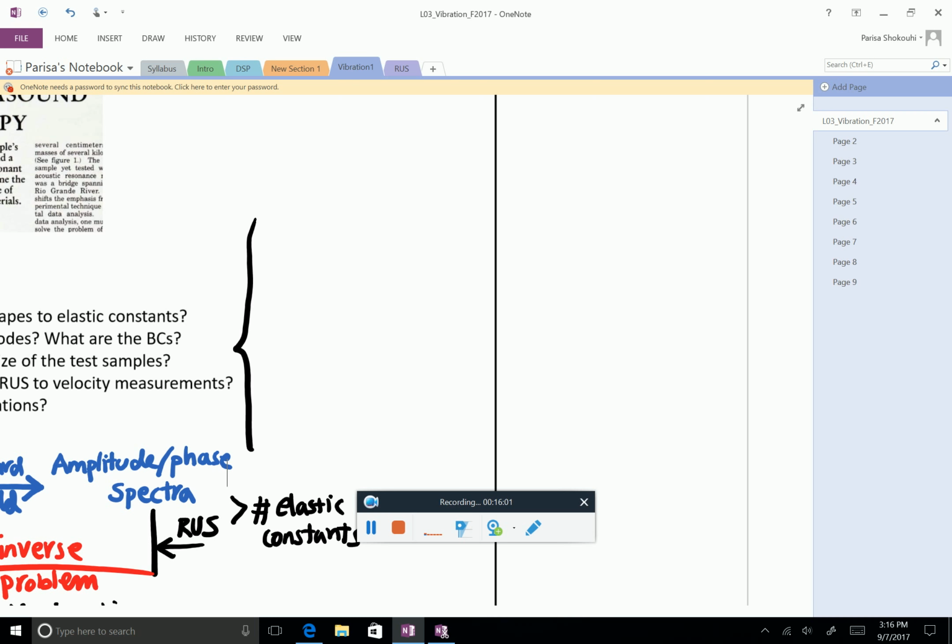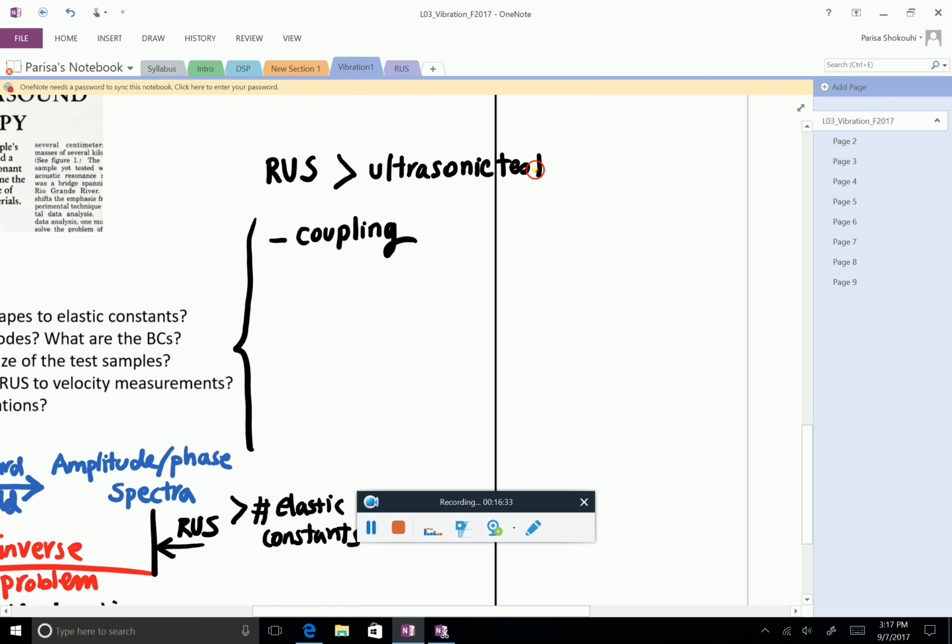You try to minimize the amount of support or any kind of coupling, and you use really tiny transducers to receive and to vibrate the sample. Excellent. So one thing that he says is that there is no need to be worried about coupling. So he says ROS is better than ultrasonic testing for this application.